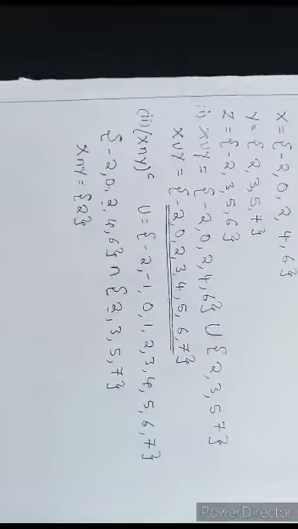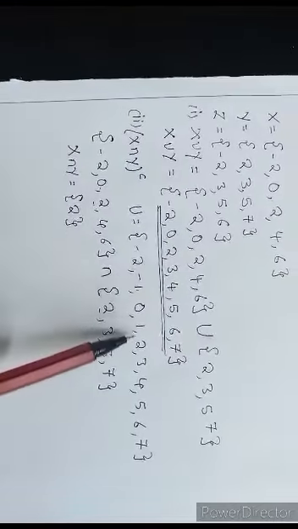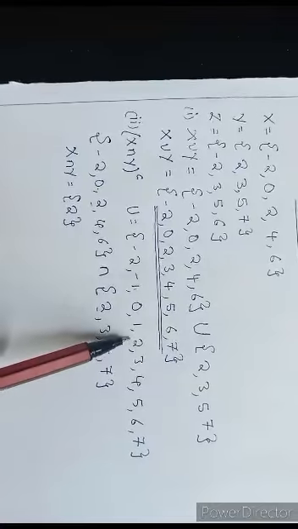Now they said complement, so in the universal you are going to remove only 2, only that which is common.